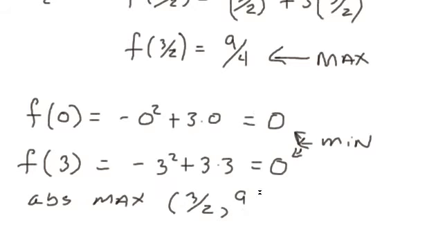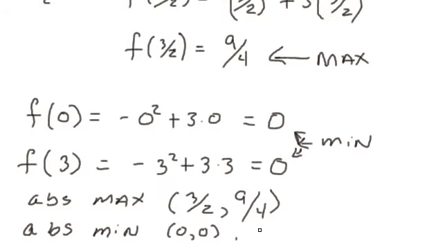Remember these numbers. I'm going to bring the graph up in a minute so we can look at this. And then the absolute minimum. And yes, there happens to be 2 of them. So we got (0, 0) and (3, 0). All right.